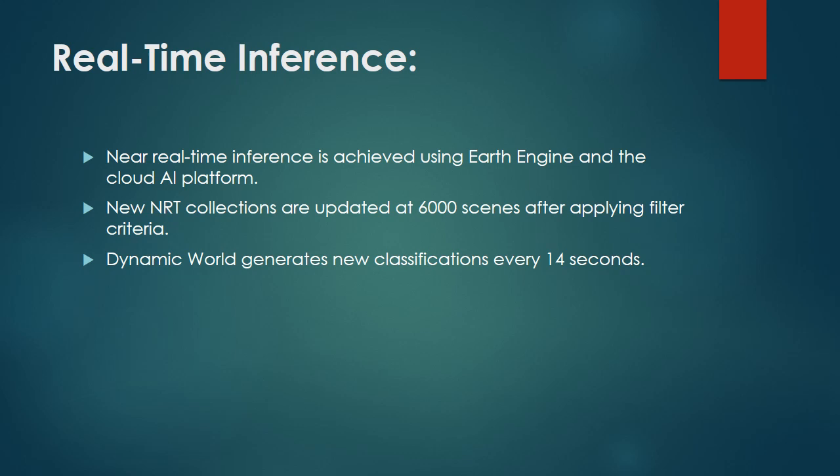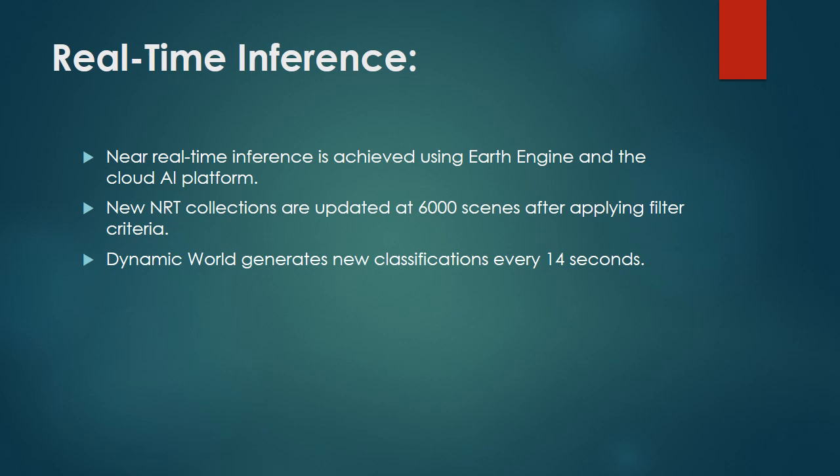The fact of the matter is, we could not achieve 100% real-time monitoring. However, we can achieve near real-time monitoring through the use of Earth Engine and Google Cloud AI platforms, which really help us attain near real-time datasets.